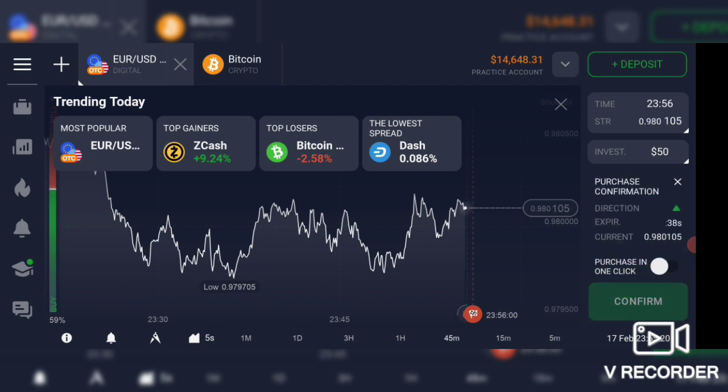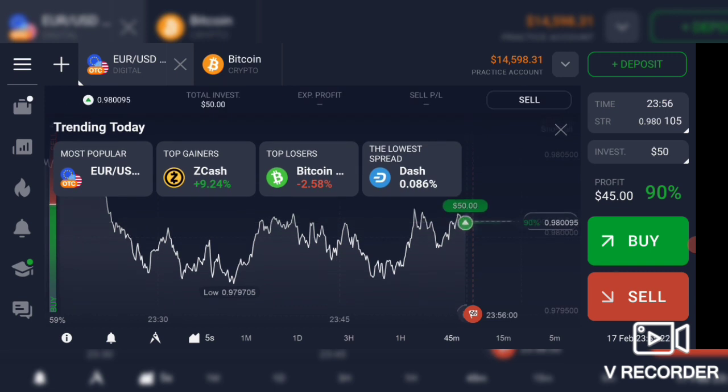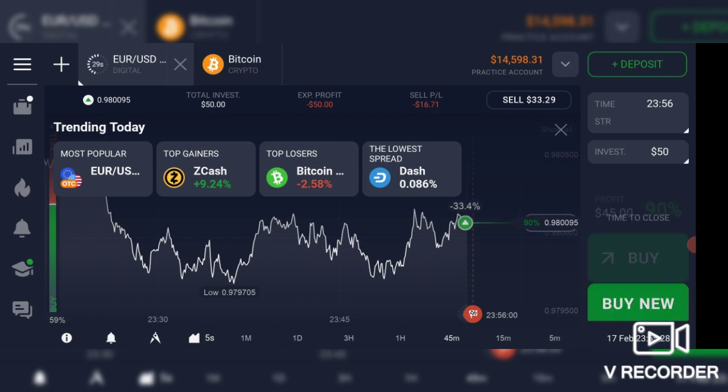So I'm going to confirm. I have confirmed it, and so we have the trade running. You can see it has sell, profit or loss, but I'm not going to sell.